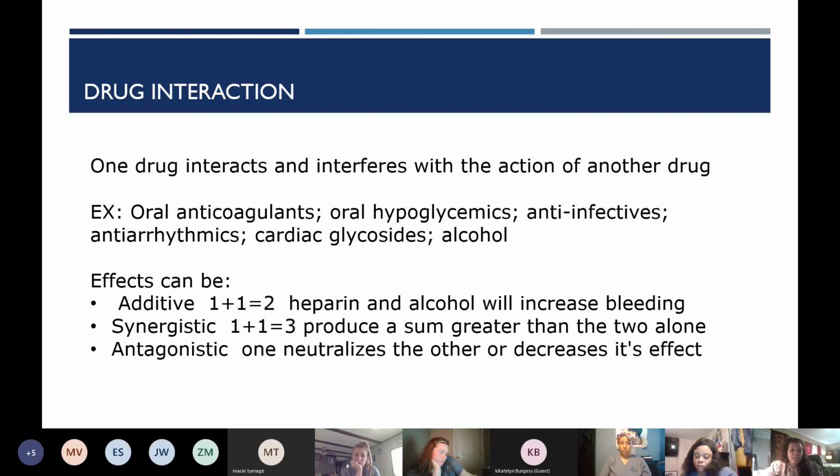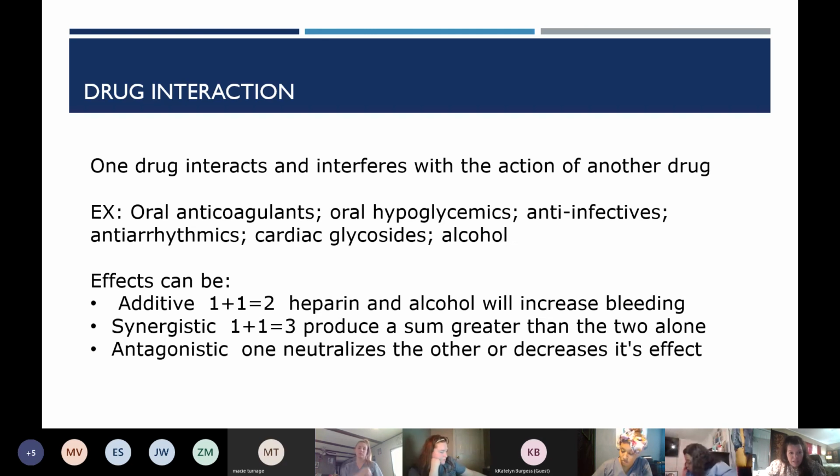A synergistic drug interaction is when you give one drug with another and the sum is greater than the two alone. Additive means you're adding to that risk of bleeding. Synergistic means you're almost multiplying that risk of bleeding. Do you guys understand the difference there?